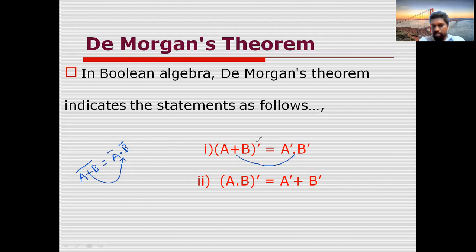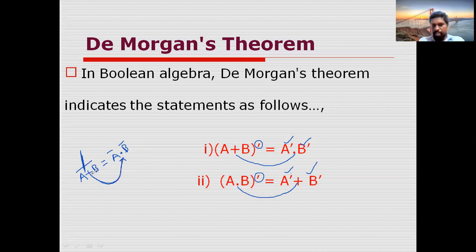Likewise, this bar is separately given for A and separately given for B, and this dot is changed to plus. Whenever you are breaking the complement separately, obviously the sign will change.